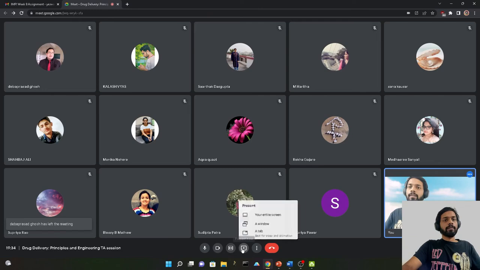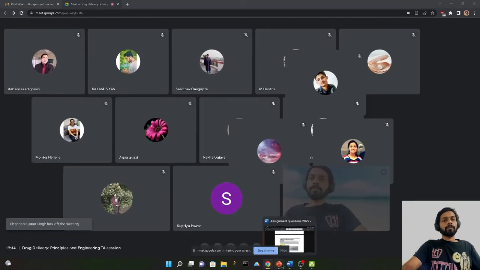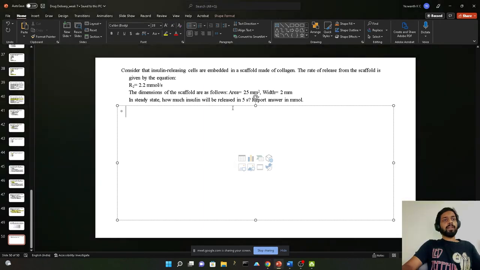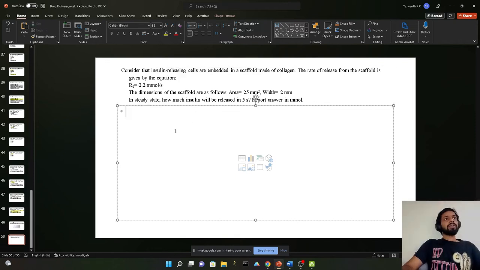Let me share my screen. Okay, you guys can see the screen. Yes, sir. Great. I'll read the question first. Consider that insulin releasing cells are embedded in a scaffold made of collagen. The rate of release from the scaffold is given by the equation R2 is equal to 2.2 millimolar per second.